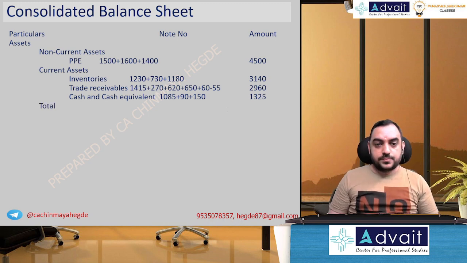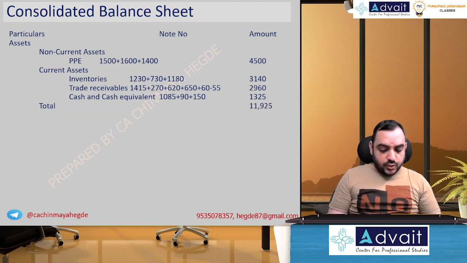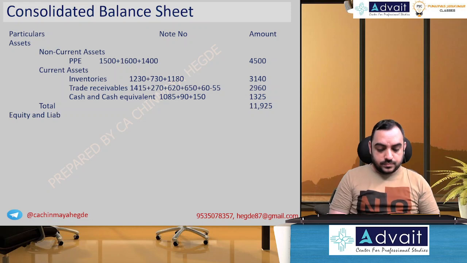So total 11,925. So equity and liabilities. First, equity, we have three things: share capital, other equity, and NCI.